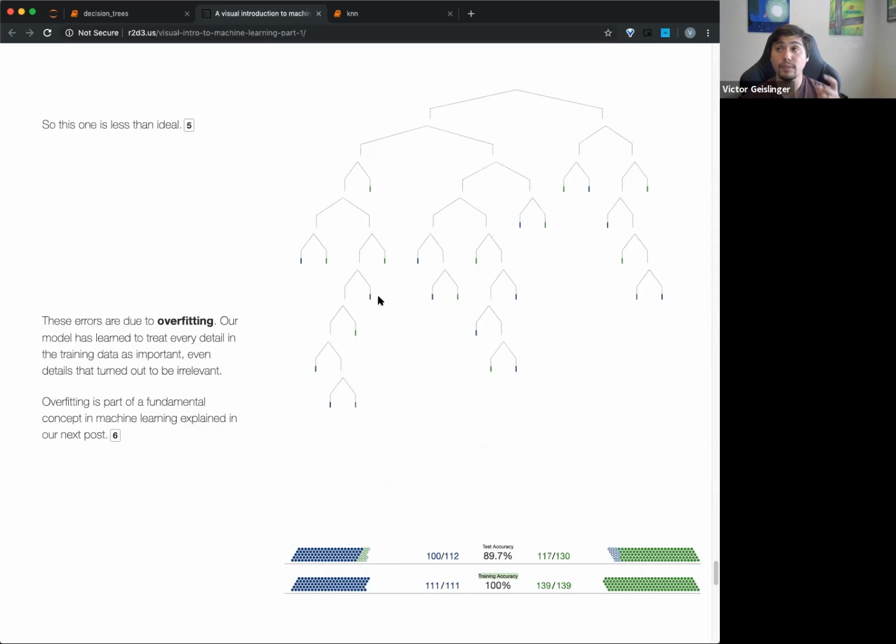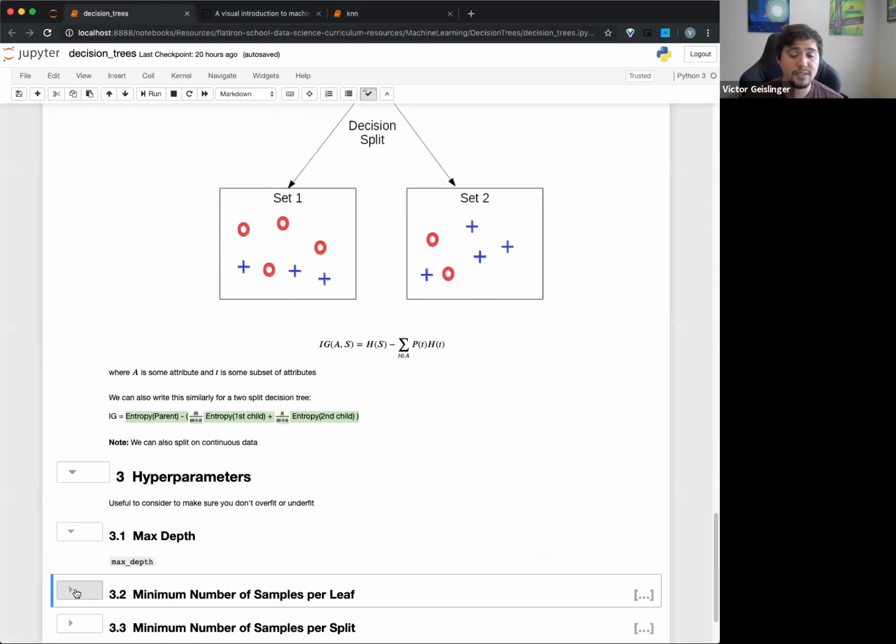So if you don't set that and leave it at 1, that means you can have just one sample there. It's like, well, maybe you shouldn't have just one person. That seems to be in danger of overfitting, because you're only accounting for one person. Maybe that's being a little too specific, right? So you can actually specify the number of samples per leaf.